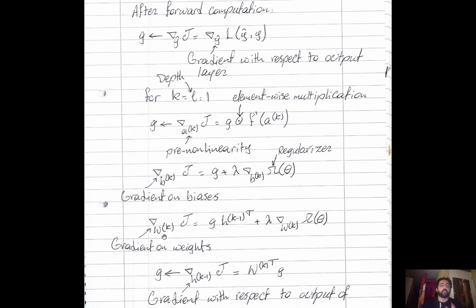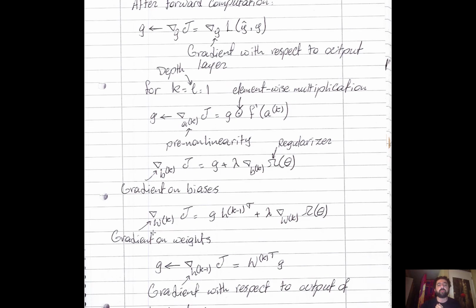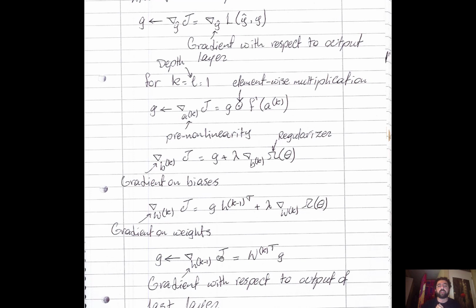So now we computed the gradient successfully with respect to the parameters of that layer, and that's the objective, the B of K and the W of K. And then we want to propagate the gradient to the layer before. So then we update J with the value of the gradient of J with respect to H of K minus 1, and that will be equal to W of K transpose times G, right?